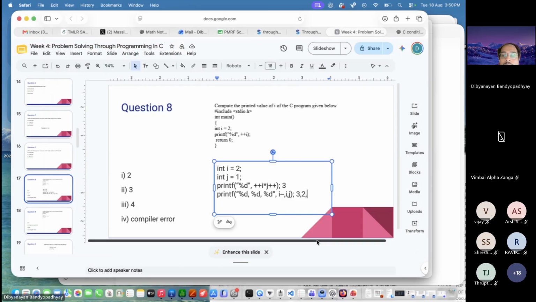True, because this operation is being performed. J was basically 1, then J has been post-incremented to 2. So this will be 3, 2, 2. So the basic values are 3, 3, 2.